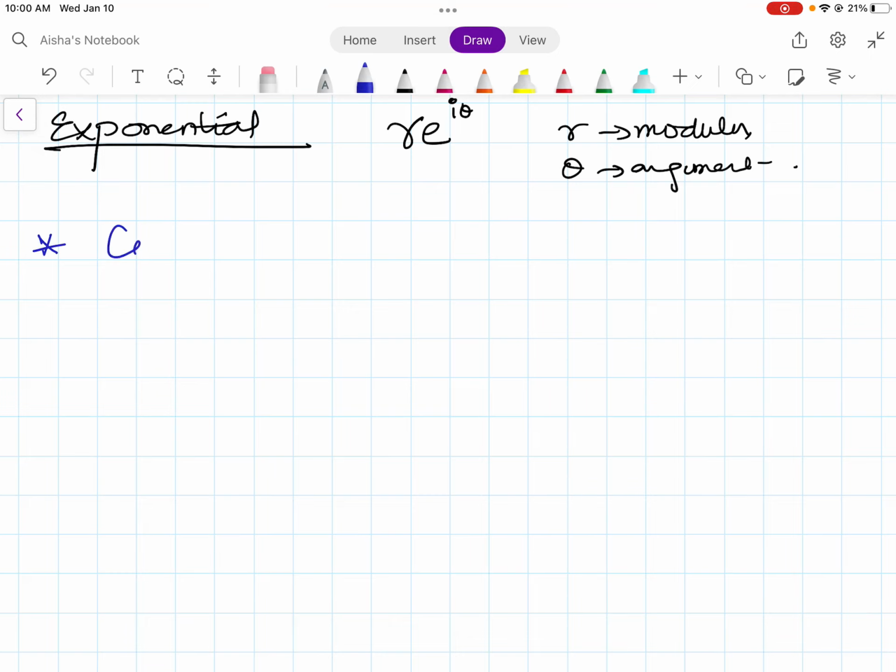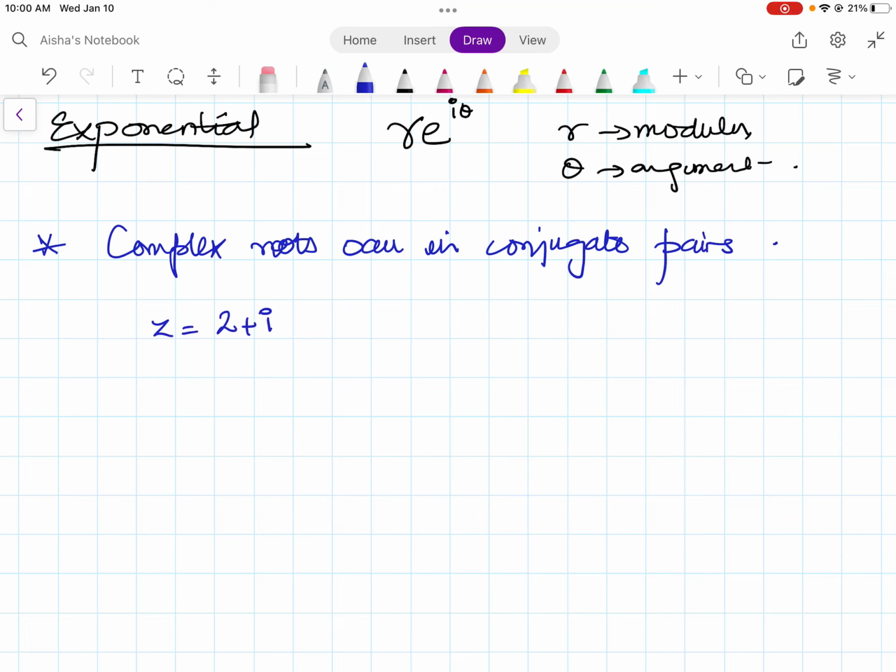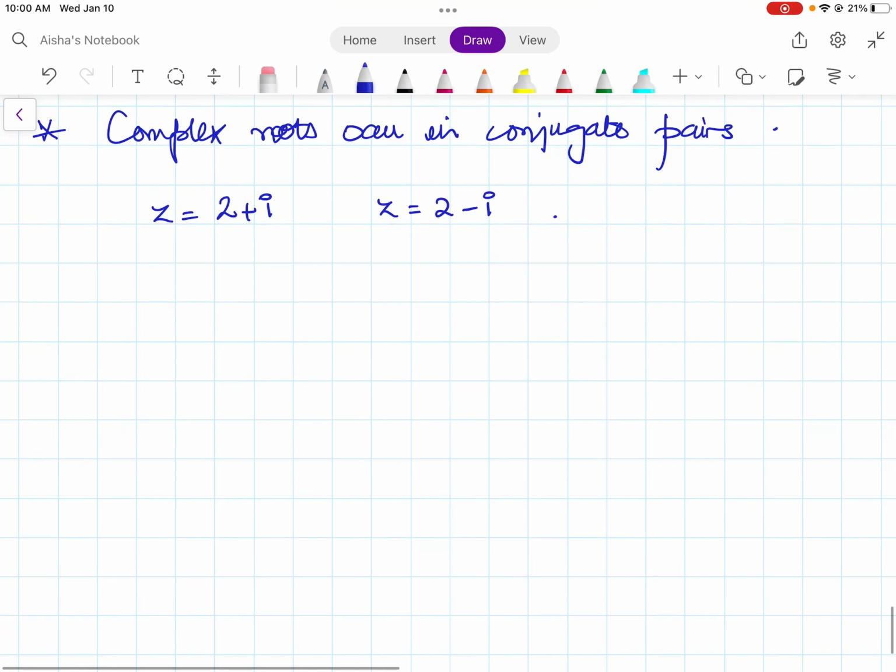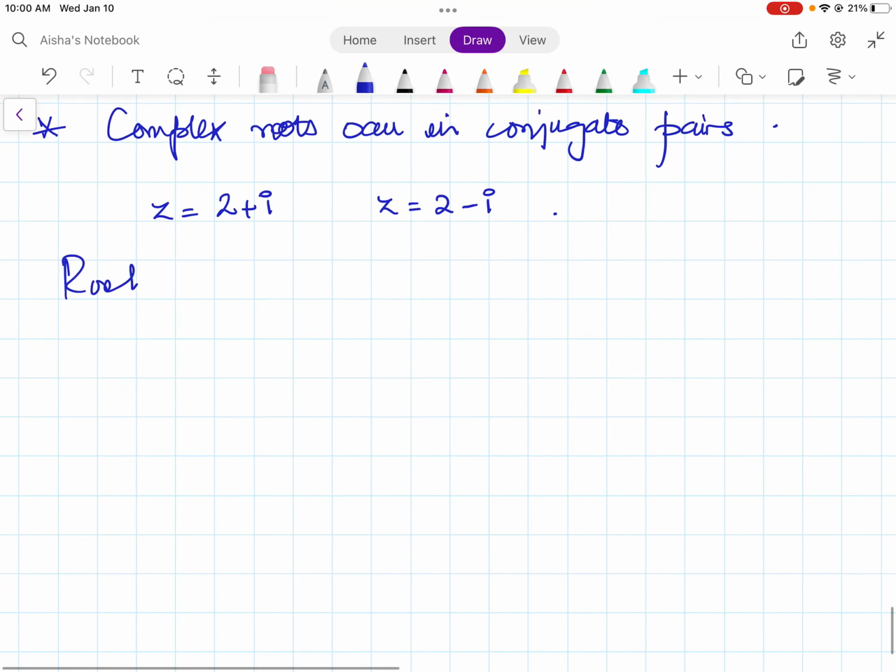Okay, another thing is complex roots occur in conjugate pairs. Meaning if one answer for a complex number is 2 plus iota, the other answer will be 2 minus iota. Now what are roots?